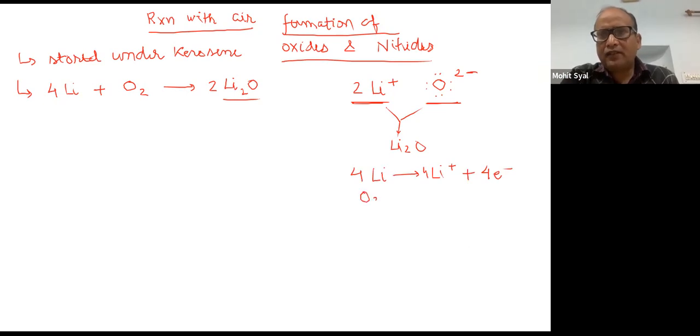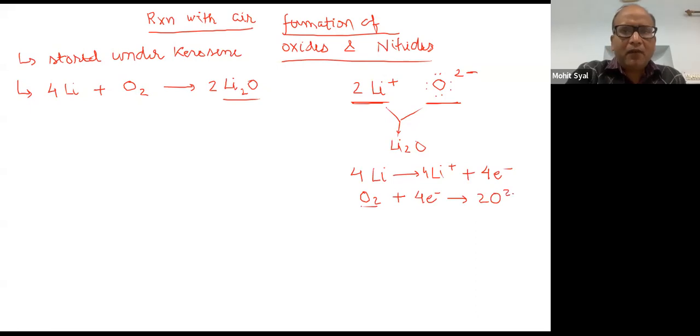And you have taken oxygen. Each oxygen atom, in order to gain noble gas electronic configuration, will accept 2 electrons. There are 2 oxygen atoms in an oxygen molecule, so I should give them 4 electrons and they will form 2 oxide ions, right? So lithium forms monoxide. Just write it.